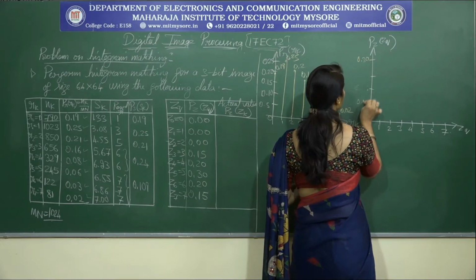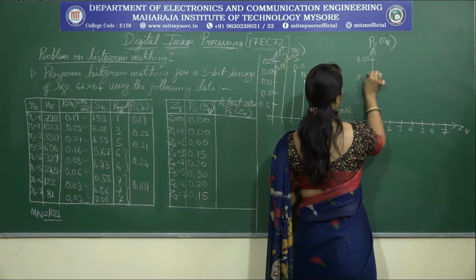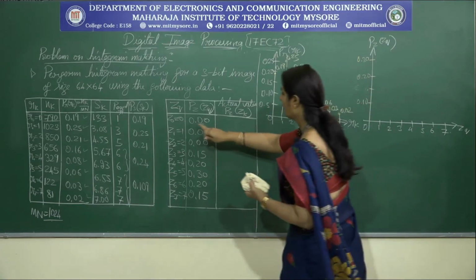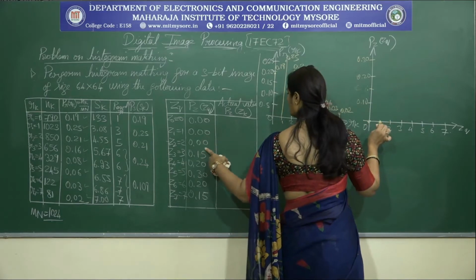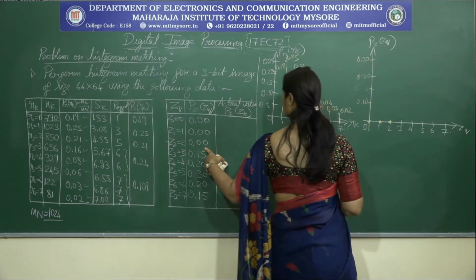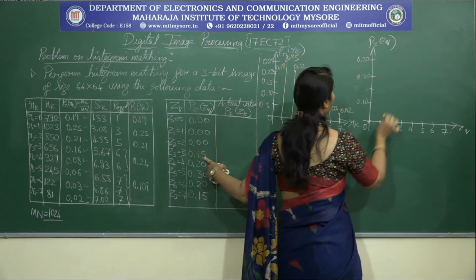For Z0 it is 0, for Z1 it is 0, for Z2 the amplitude is 0, and for Z3 it is 0.15.